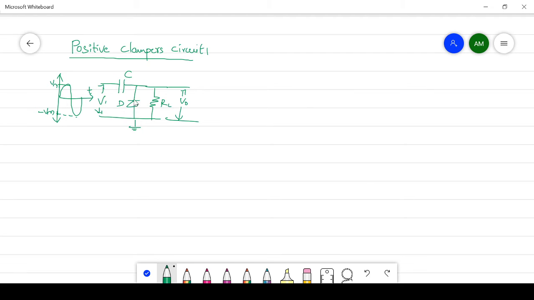The diode conducts only in the forward biasing condition. If we apply the negative half cycle, the diode is forward biased and conducts. A conducting diode is a short circuit, so the circuit becomes like this, and the total current flows through the diode only.